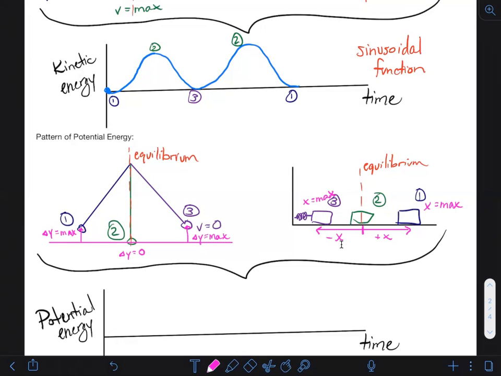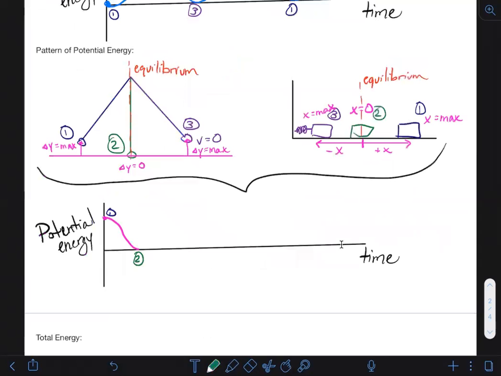So when we try to show that on a graph of potential energy, we're going to start at position 1 with a maximized potential energy. And from position 1 moving towards position 2, we're only going to see it fall because we minimize our potential energy by the time we get to position 2.